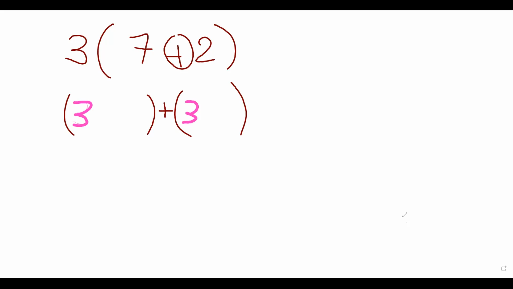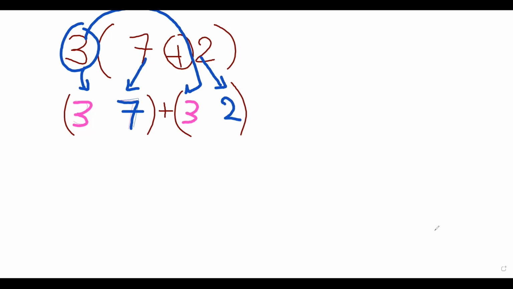And then take number 7 and write it here, and take number 2 and write it here. 7 here and 2 here. But number 3, you have to repeat it 2 times.